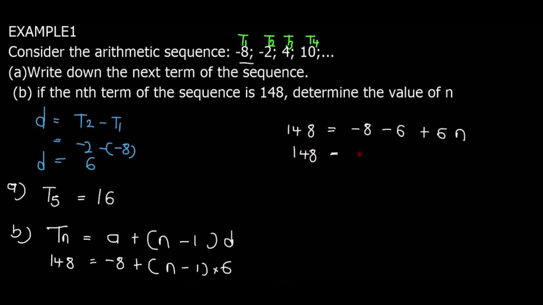Minus 8 minus 6 is -14. Remember we want the value of n. So this means we take -14 to the other side, because they are like terms with 148. And then we have 148 plus 14 is equal to 6n. And then 148 plus 14 is 162.